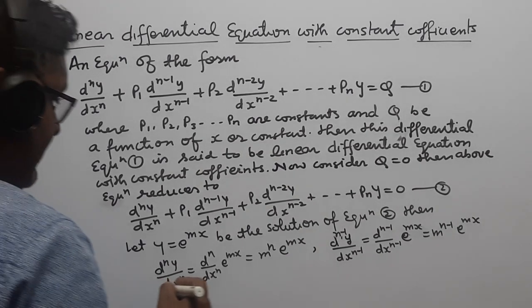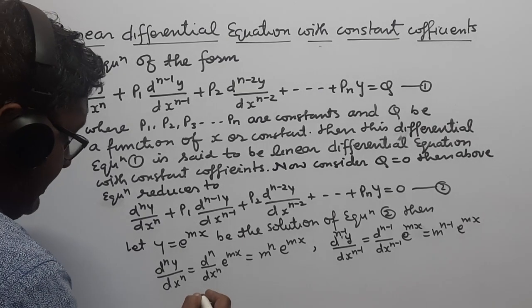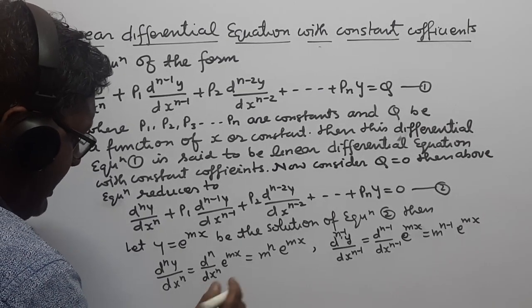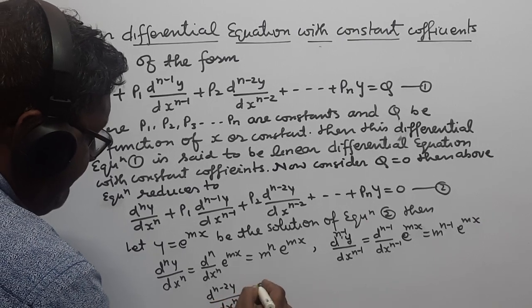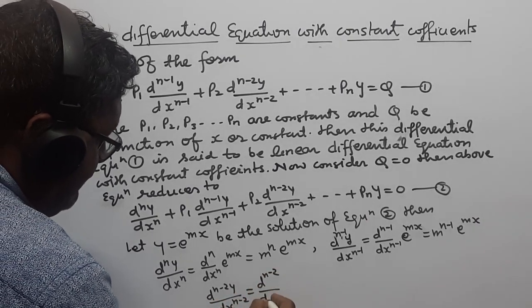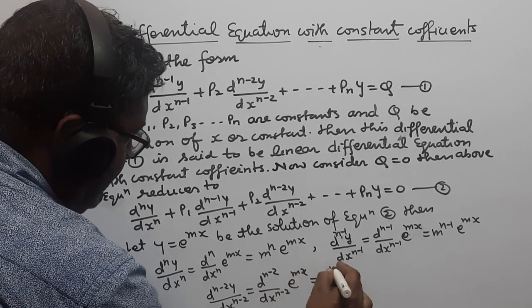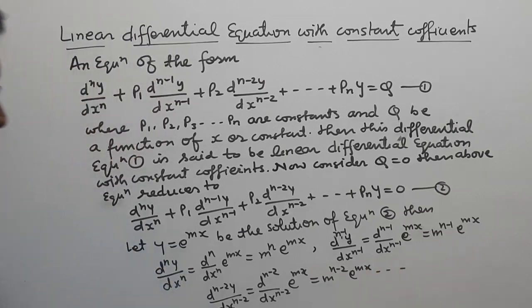Similarly, if we differentiate y n minus 2 times with respect to x, we get m to the power n minus 2 e to the power mx and so on.